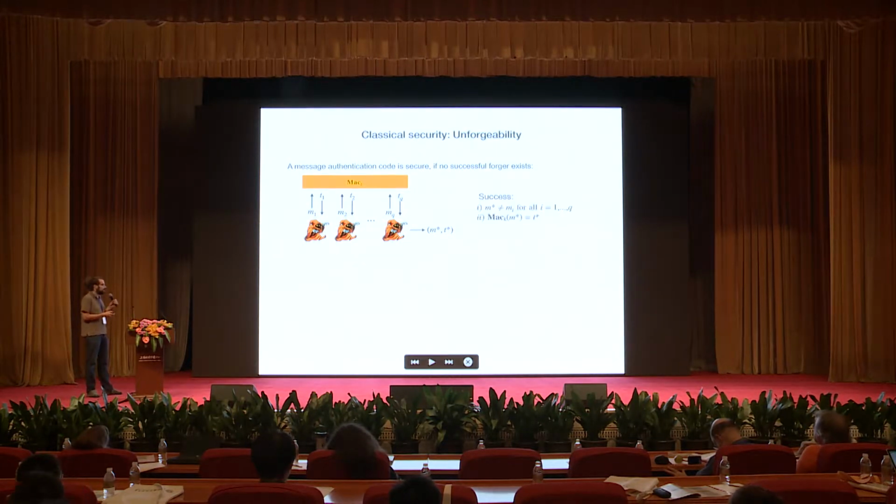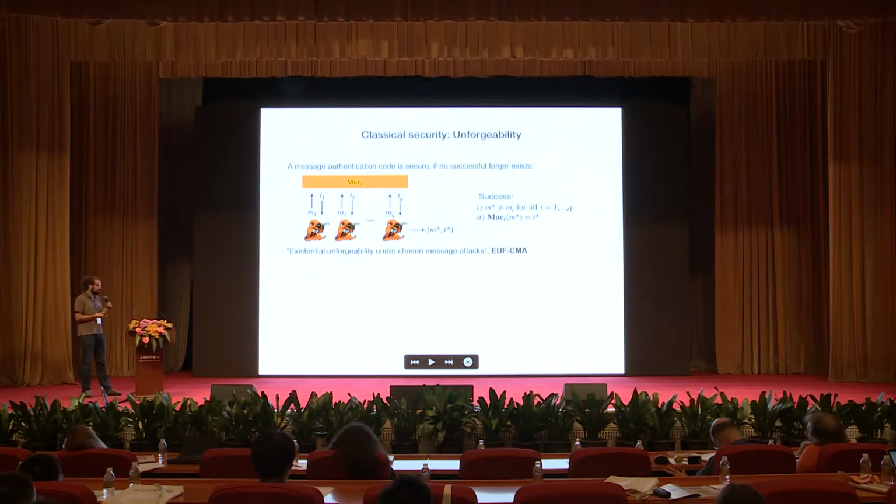The success of this adversary is defined by M star not being equal to any of the queried messages, and this pair being consistent with the function MAC-K. A MAC is called secure if no such adversary exists. This security notion is called existential unforgeability under chosen message attacks, or EUF-CMA for short.